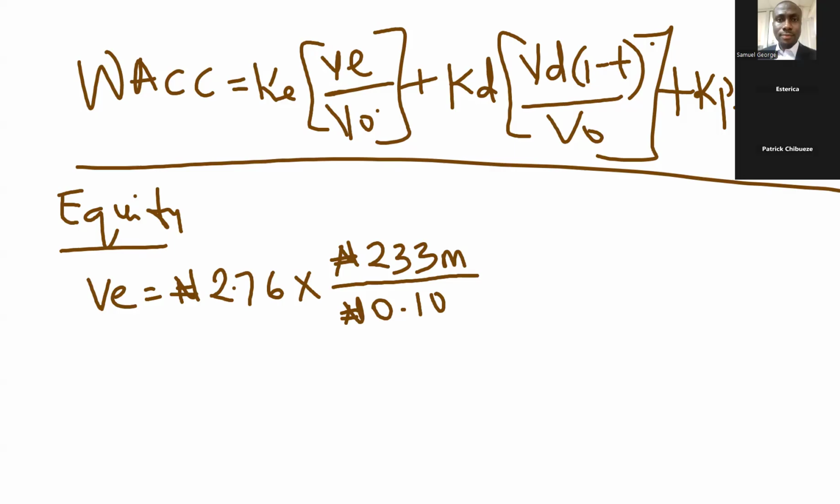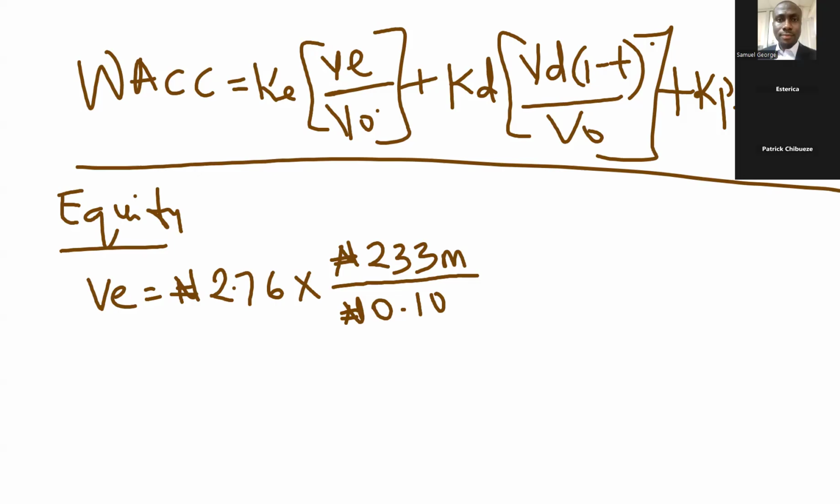In this one too, before they could get 233 million naira, they must have done one share is 10 kobo, 10 kobo times something to get 233 million naira. Do you understand what I'm trying to say?